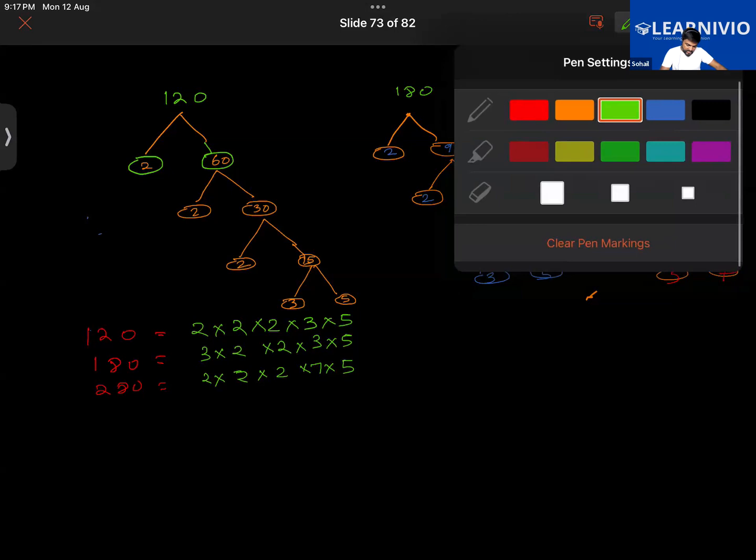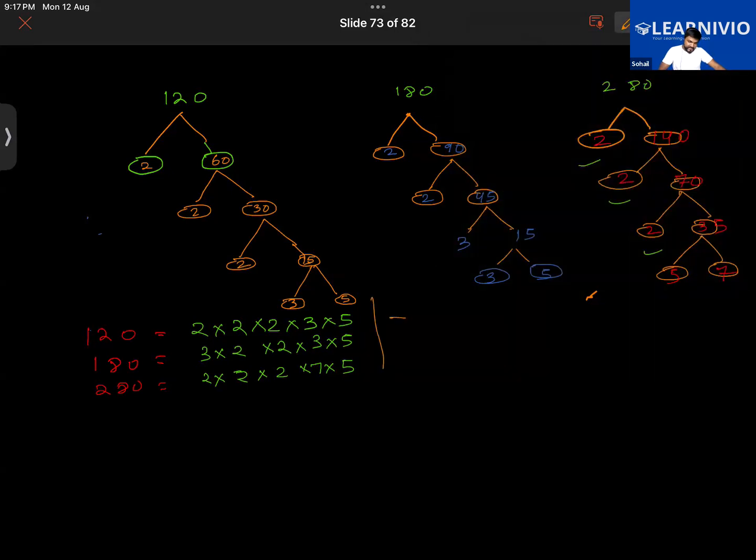Can't we write it like this, 2 cube multiplied by 3 multiplied by 5, right? 2 is being multiplied with itself 3 times, so we can write it like this. Or can't I write it like this, 2 square multiplied by 3 square multiplied by 5?